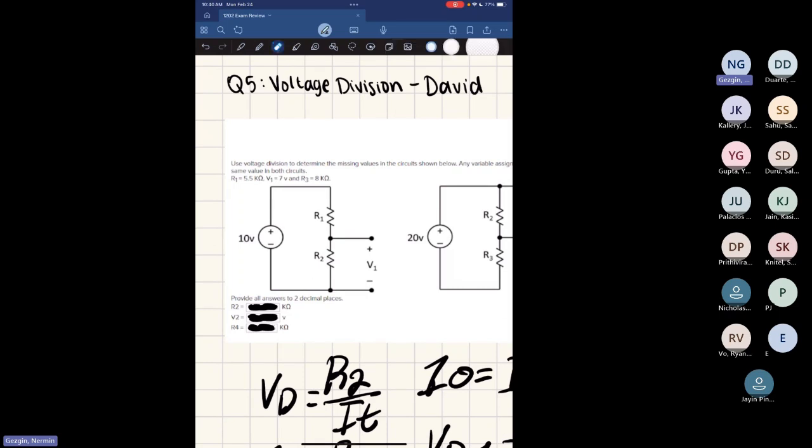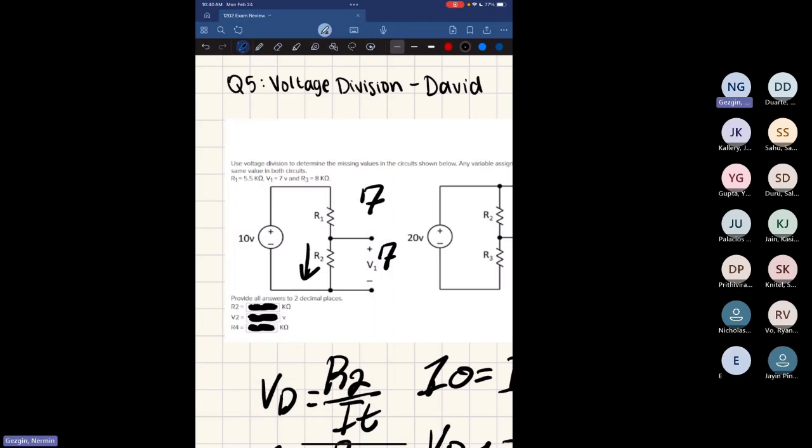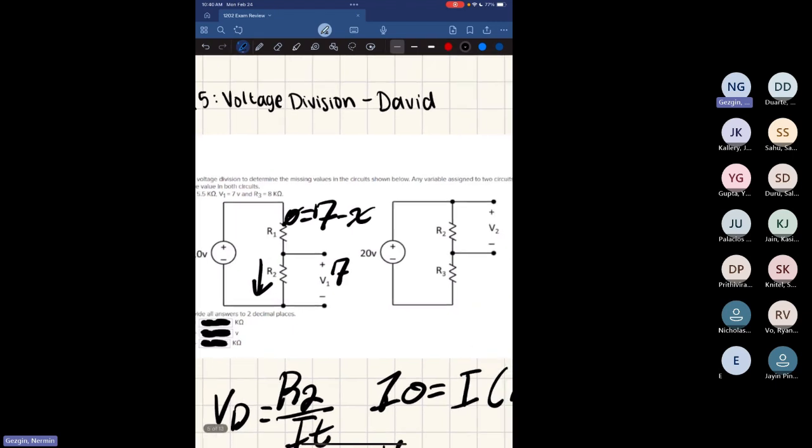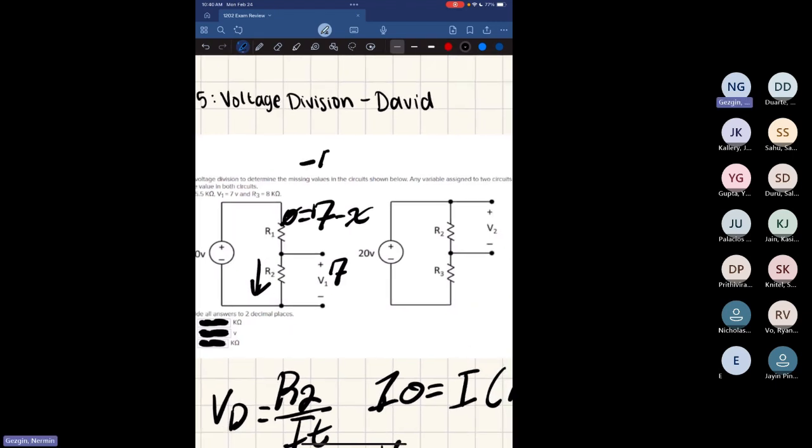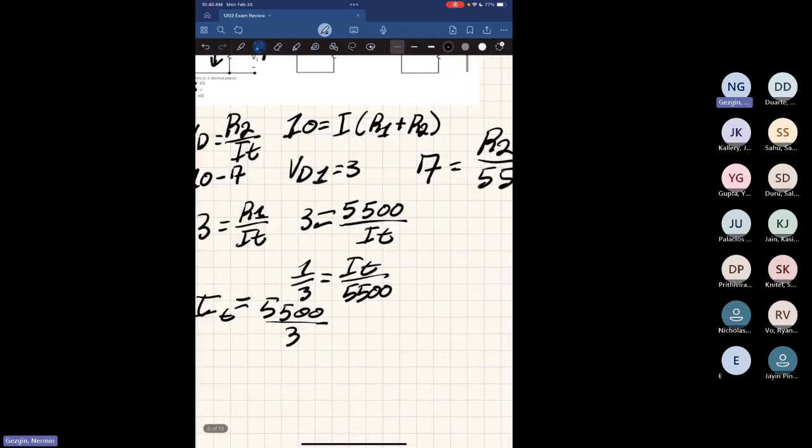So if this is 7 volts here, this is a 7 volt potential difference, and it goes to 0 potential through this resistor. So it's just 7 minus x equals 0, which is going to equal negative 7, but in this case it's going to be 7. So we'll use the positive value because that's how the formula gives the answer.